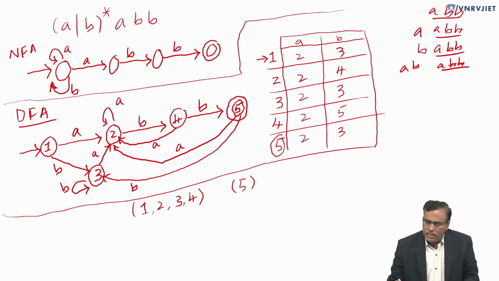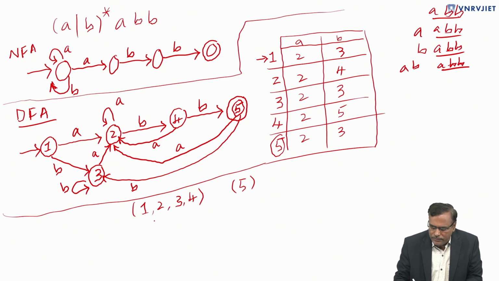If you look at the table carefully, state 1 and state 3 have the same transitions. For state 1 on input symbols A, B, you have 2, 3. For state 3 on input symbols A, B, you have 2, 3 respectively. So they have the same entries. In that sense, I can group 1, 3 as one group, and the rest of the states, you are left with 2, 4.